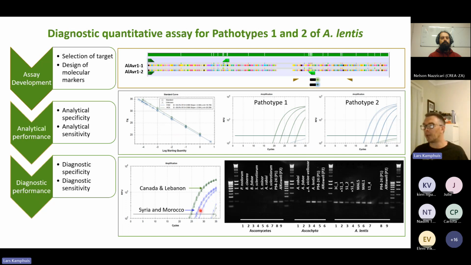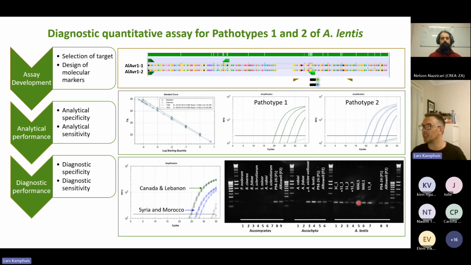The other thing we wanted to make sure was that we're not capturing any off targets. So we used those specific primers to see if it amplifies in any other host pathogens of pulses. As you can see here, that's not the case. Then we looked at other Ascochyta species, and the only other Ascochyta species it can amplify in is that Ascochyta pathogen of vetch that I mentioned earlier.